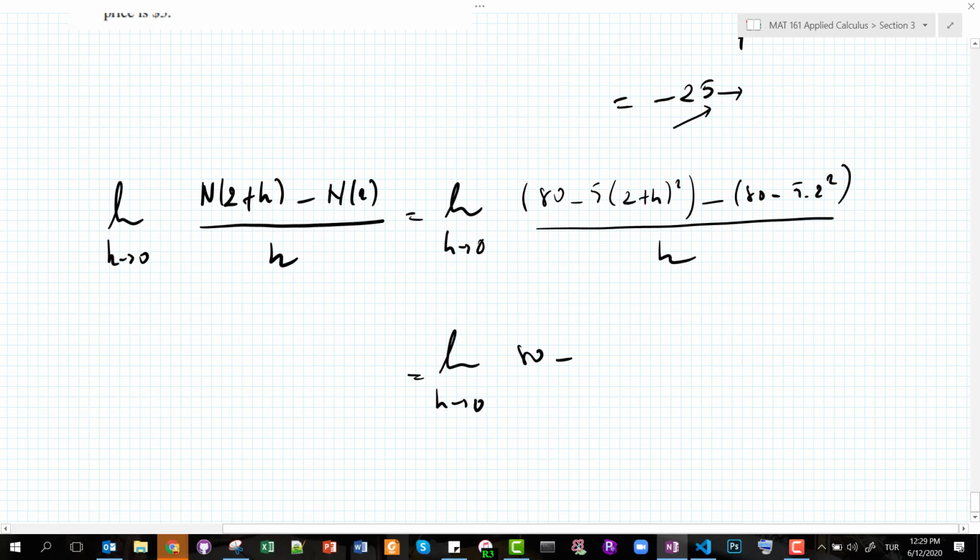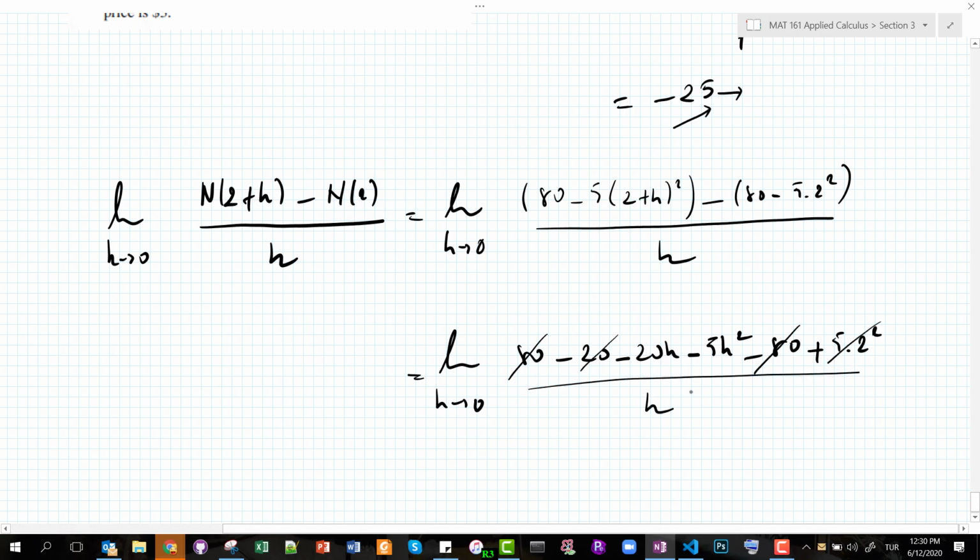You need to write the FOIL first, which is going to be 80 minus 5 times 4, 20, minus 20h, and minus 5h squared. And then I had negative 80 here, and plus 5 times 2 squared as well. So as you see, the 80 and negative 80 will go away, and the 20 terms cancel. I had to write the h on the bottom. So what I will have is negative 20h minus 5h squared over h.